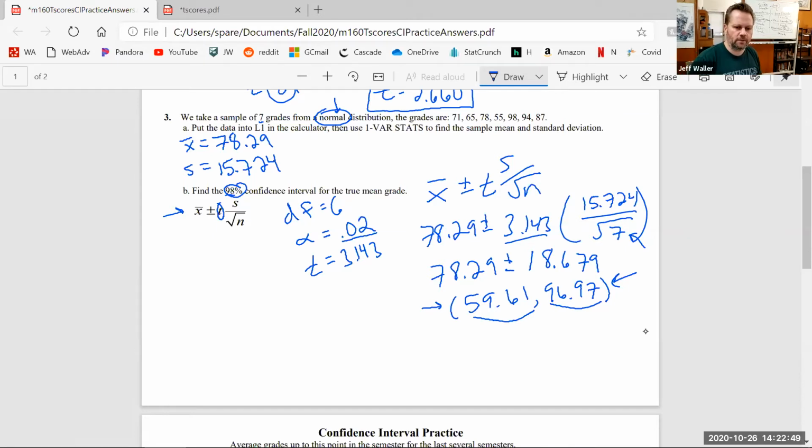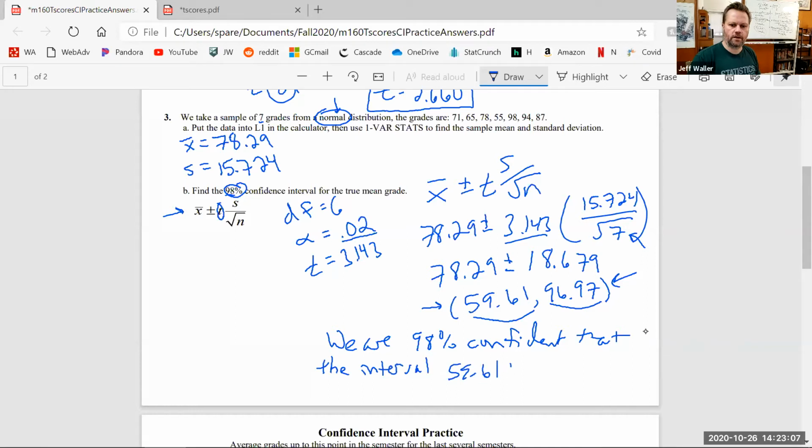Well, what does it mean? It means we are 98% confident that the interval 59.61 to 96.97 contains the true mean grade.